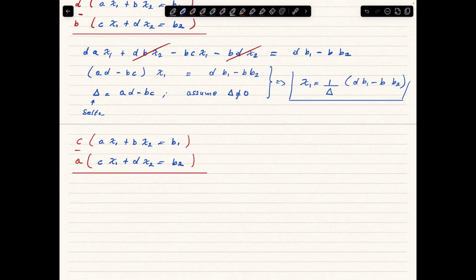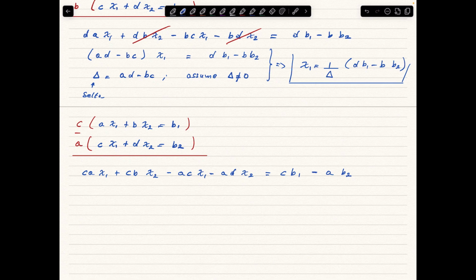Well, if we do that, we are going to get c times a x1 plus cb x2, and then from the second equation we are going to get minus ac x1 minus ad x2, and on the other side we have, from the first equation, c b1 minus a b2, and we see now that this term and that term go away, and we pull common factor from the other two terms, and we get something like cb minus ad multiplying x2.